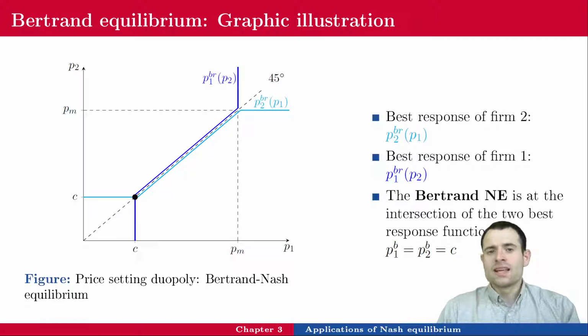Bertrand competition takes less calculus. In fact, it takes no calculus, but it takes a fair bit of intuition and some graphing skills to see where the Nash equilibrium is going to be.